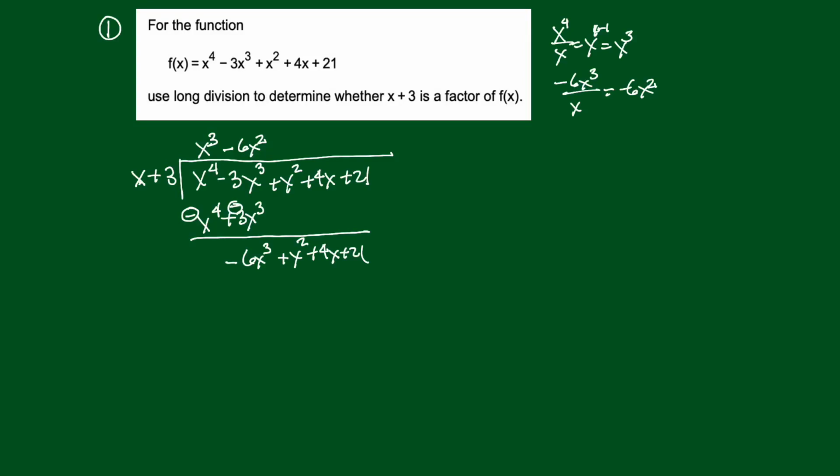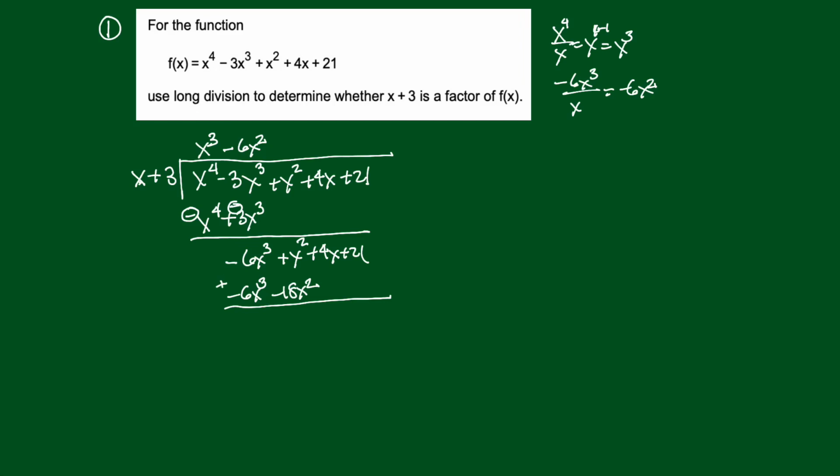Now let's make the multiplication. So negative 6x squared times both of these. Negative 6x squared times x is going to give us negative 6x cubed. And then negative 6x squared times 3 is going to be negative 18x squared. All right, there's the multiply. Now, subtract.